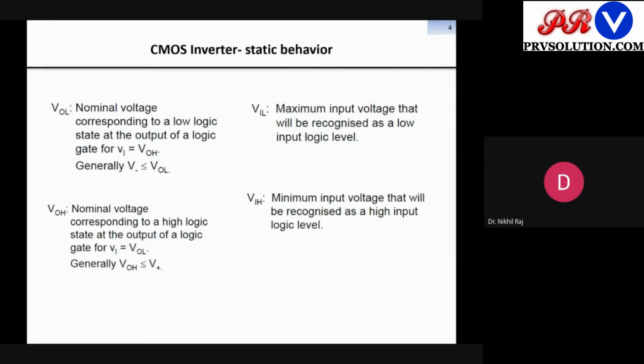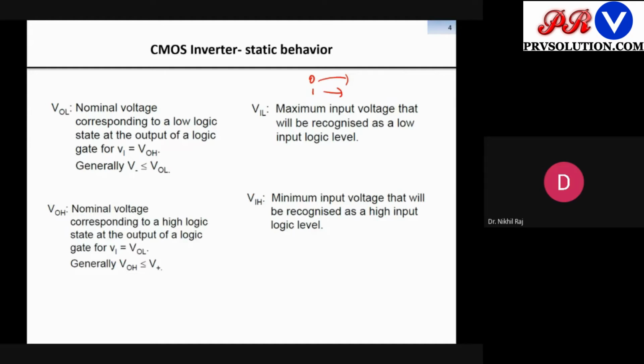When we study the static behavior, we will do the analysis of noise margin. What happens is, we have logic 1 and 0 generated at one instant, and then we transmit this 0 or 1 in the air or via wire, and there can be a chance of getting a distorted signal.